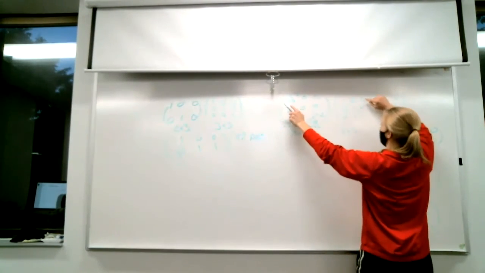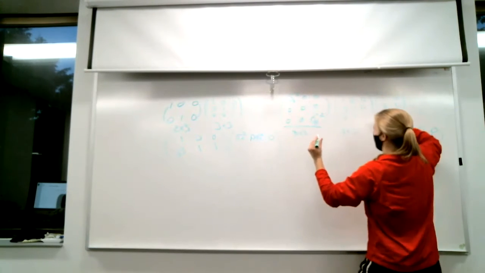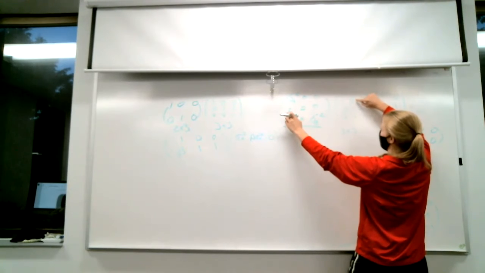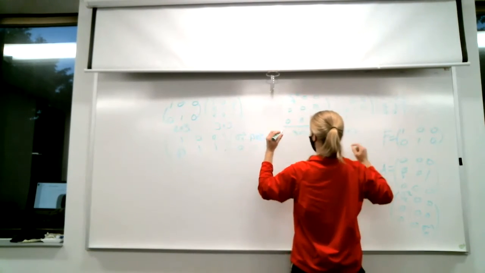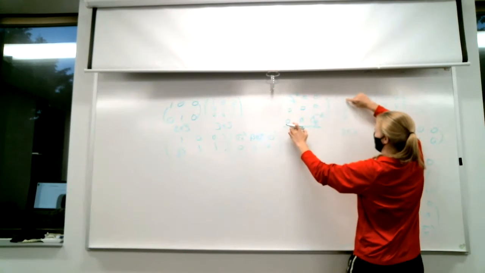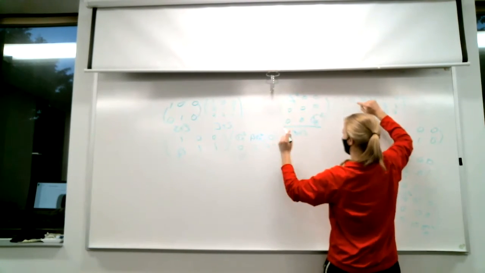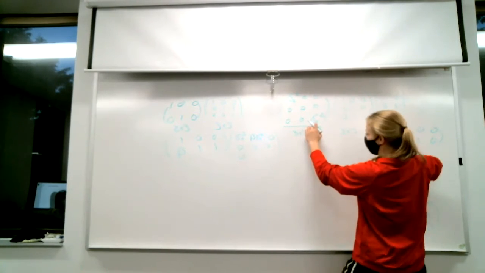And then we get 0 plus 0 plus 0. Now for the second row, they're all going to be 0. And then for the last row, we have 0 plus 0 plus the variance of the error.